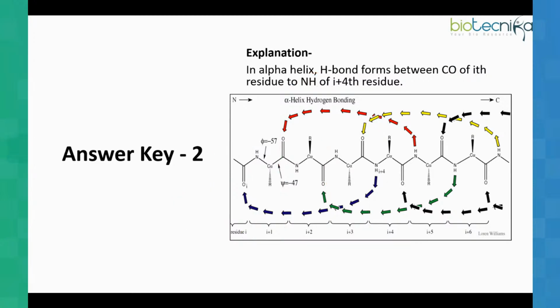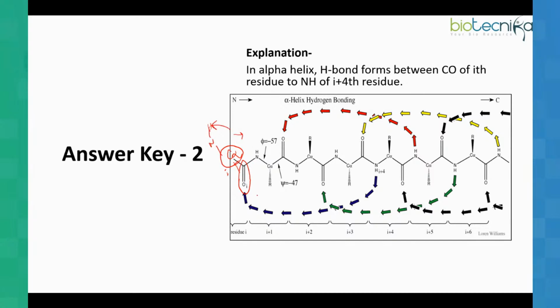And always a peptide is written from N to C terminal. For this ith residue, this is the C alpha, the CO group will be present towards this side and the NH will be present towards the other side.